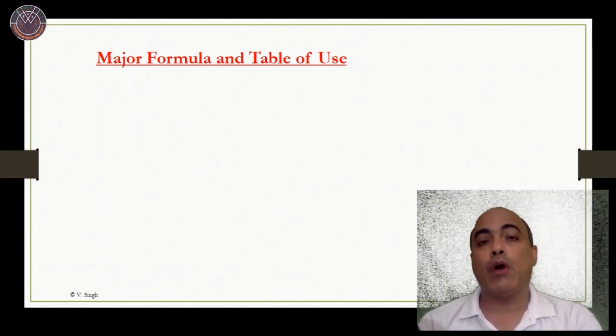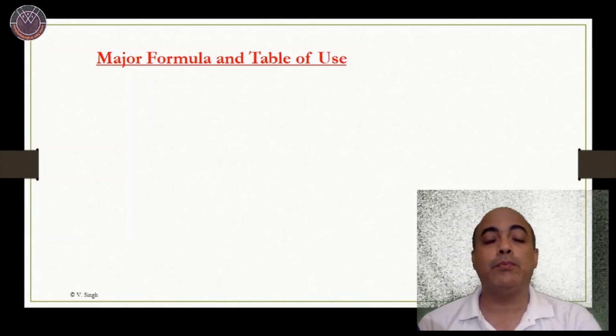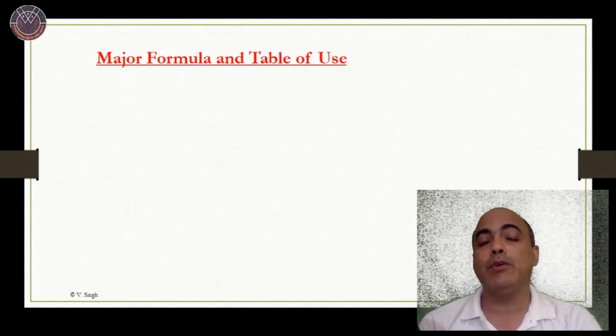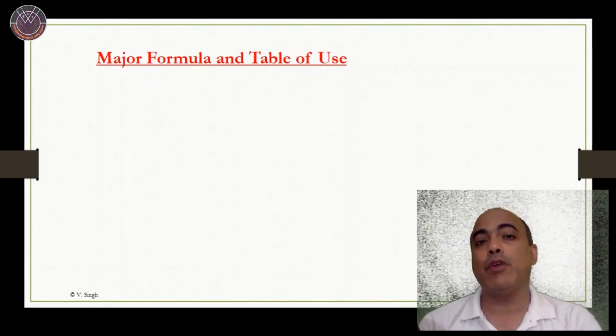To solve problems based on the normal distribution curve or normal probability curve, we need to use certain formulas, and we have to use a table which I already discussed in the previous video, the table of area under the curve, and the formula for Z score.